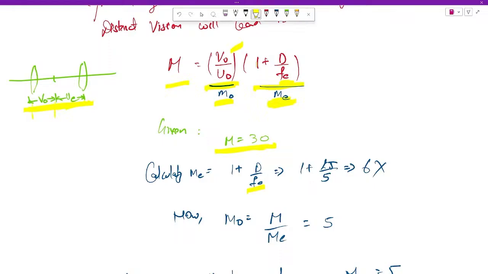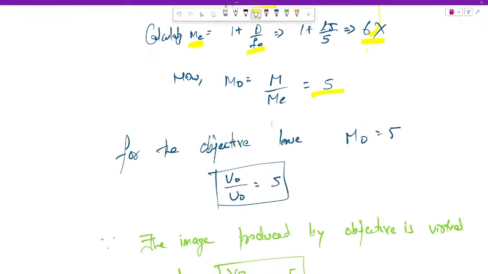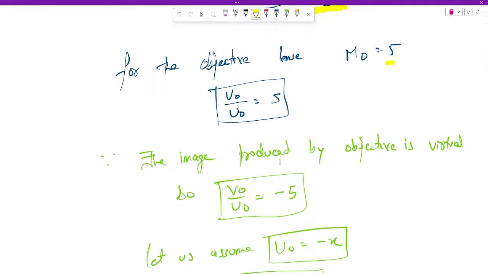Substituting the values, we get ME equal to 6x. Now we can substitute this 6x in the formula and find the value of MO, which is 5. That is, the magnification by the objective is going to be 5 times. Now we know that the objective creates a virtual image, so we can write it as -5.